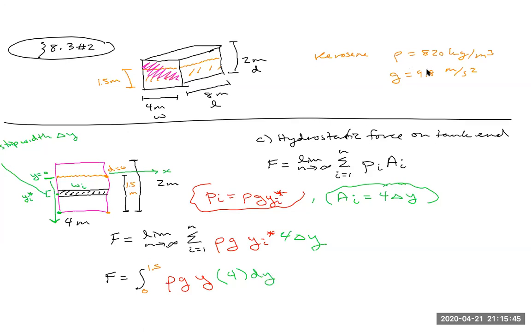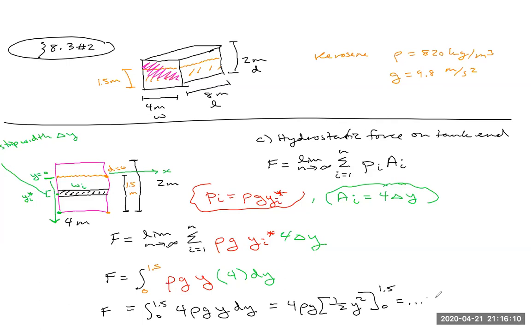So your force integral, 0 to 1.5, 4 rho g y dy, which turns into 4 rho g times 1/2 y squared from 0 to 1.5, which equals 36162 newtons.